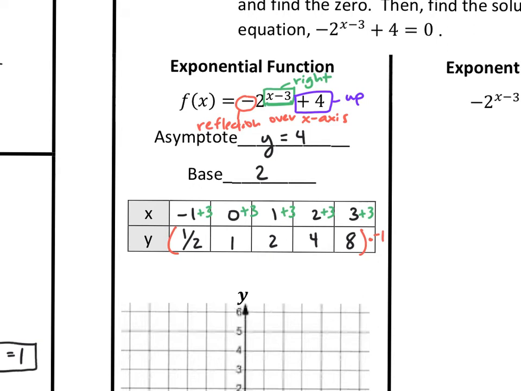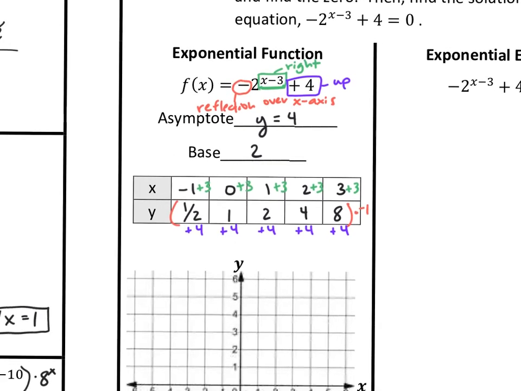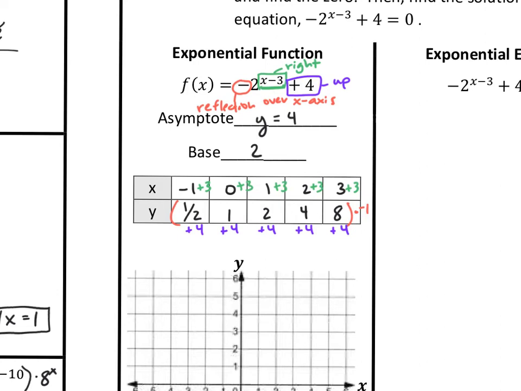Then after I multiply by -1, I'm going to add 4, because we're moving everything up 4. Okay, so that's going to give me a new table of values. So it's going to be x and y.